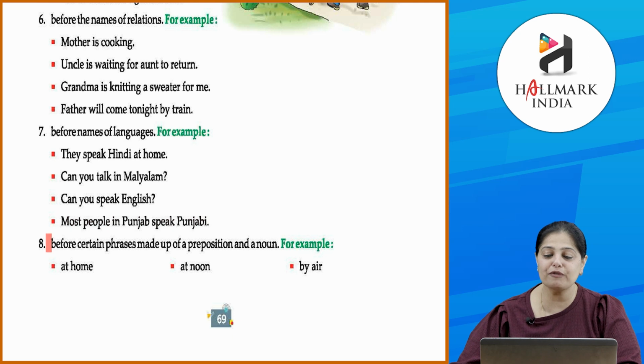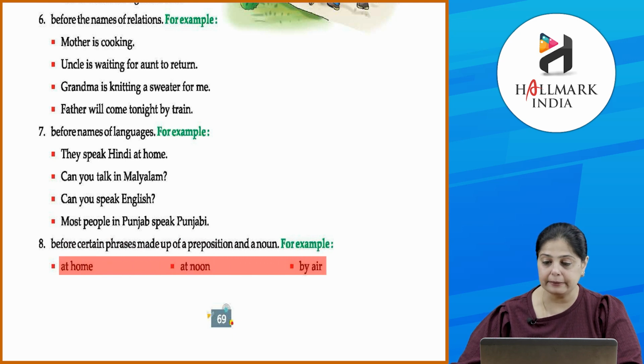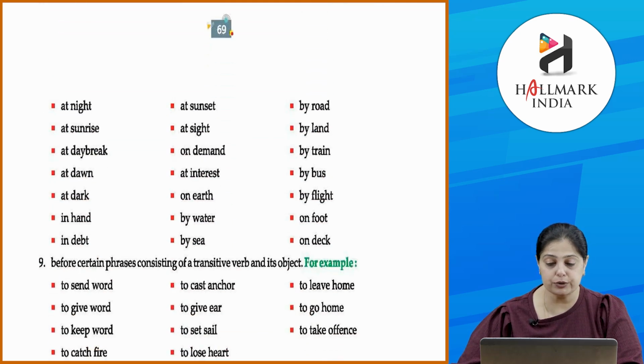Okay. Next is before certain phrases made up of a preposition and a noun. For example, at home, at noon, by air. तो यहाँ पे at the home या at the noon, at or by the air ये सब बोलने की ज़रूरत नहीं है. So it is understood. Clear?